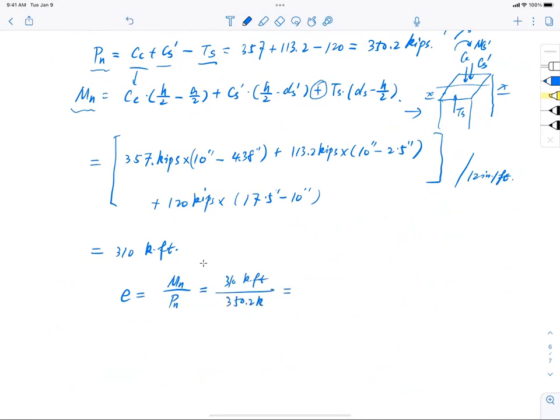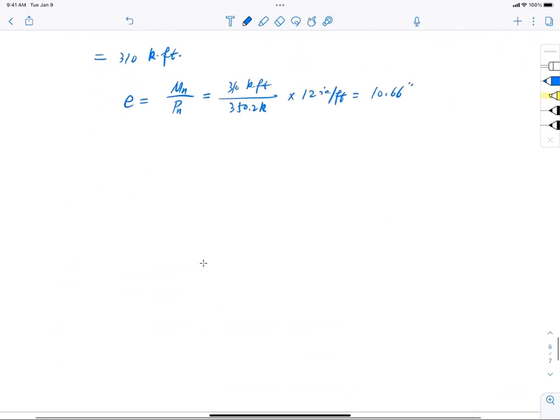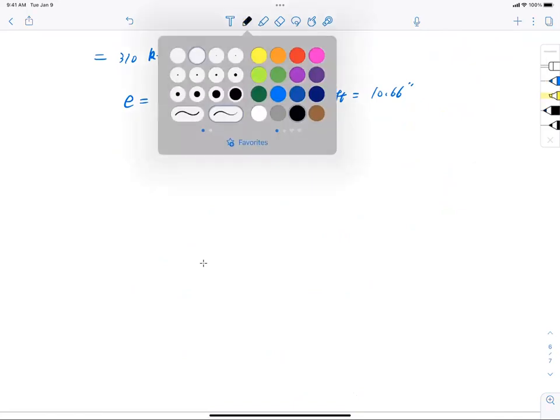So I get about less than a foot, and then convert back to inches, 12 inches per foot, and that is 10.66 inches. Okay, 10.6 inches. And just to remind you where it is on the interaction diagram.